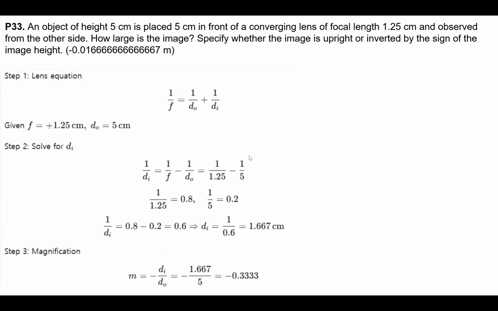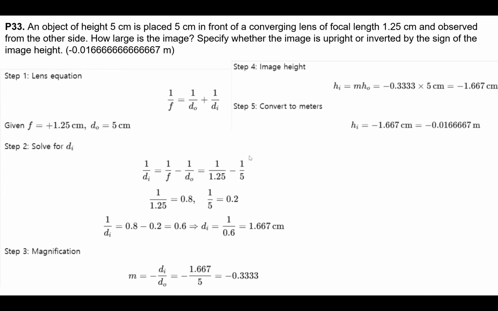The lens equation is this. So F is known, DO is known, and DI is found here. And the magnification should be this, because it is on the same side, so that we get a minus sign. And then the image height HI is this times this, so that we have this value.